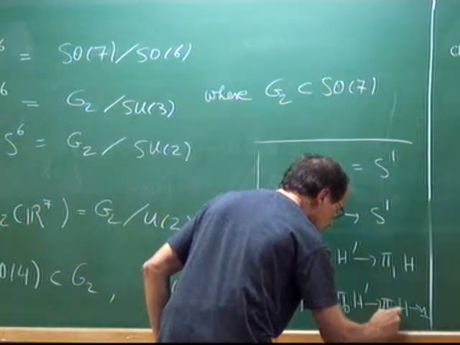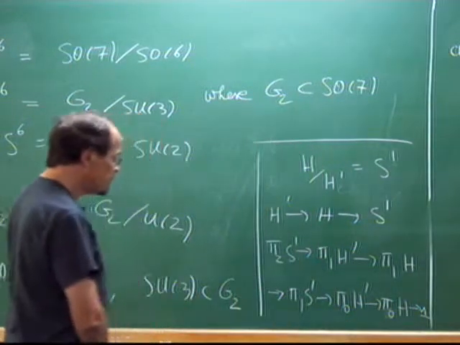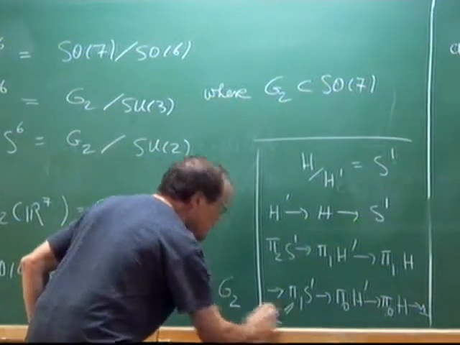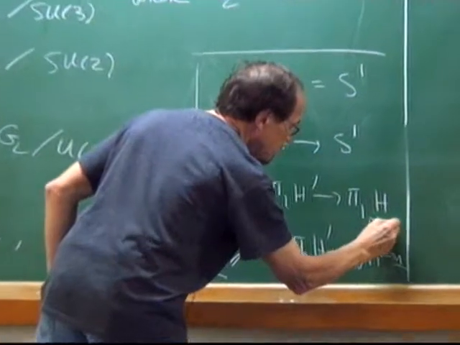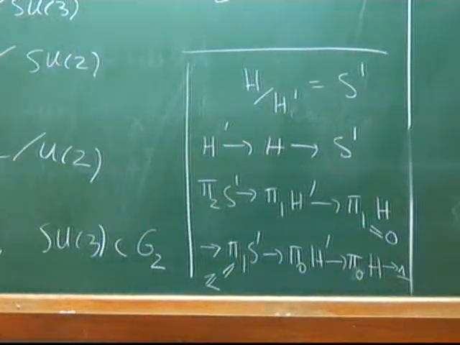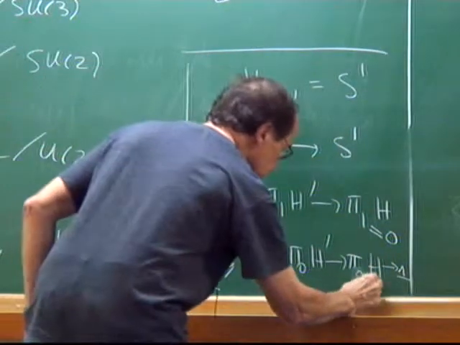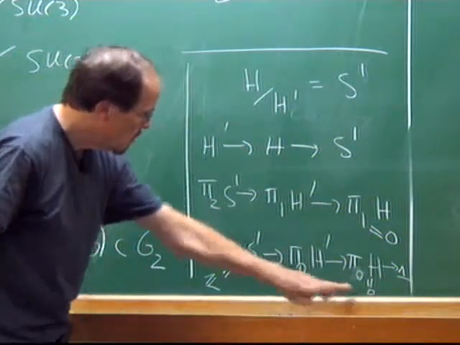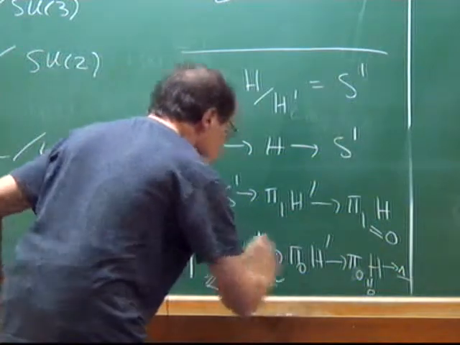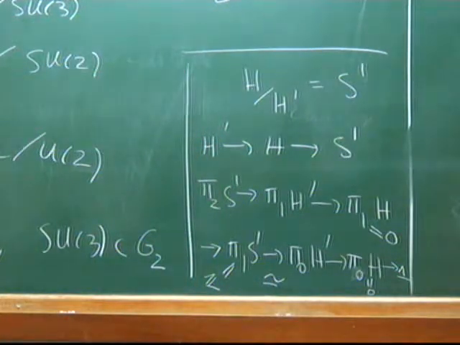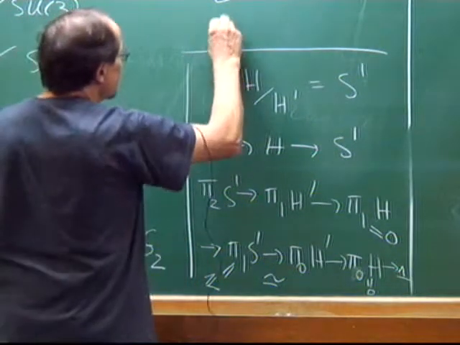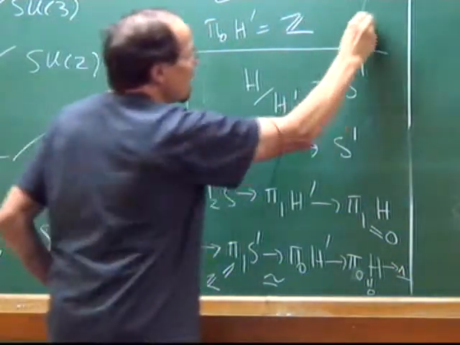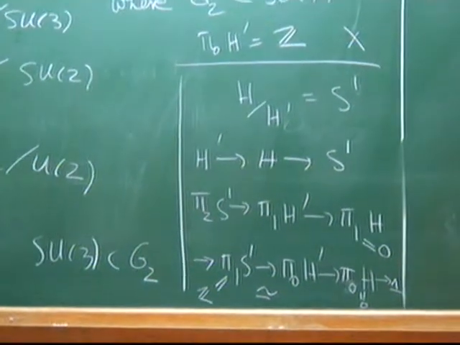This is an exact sequence. What do we know? Let's look at the tail end. This here is Z. This is 0, as we argued over there. H is connected, so this is also 0. So here I have a 0, here I have a 0, which means this must be an isomorphism. So that means that pi 0 of H prime is Z, which means I have infinitely many components. That can't be, since H prime is compact.